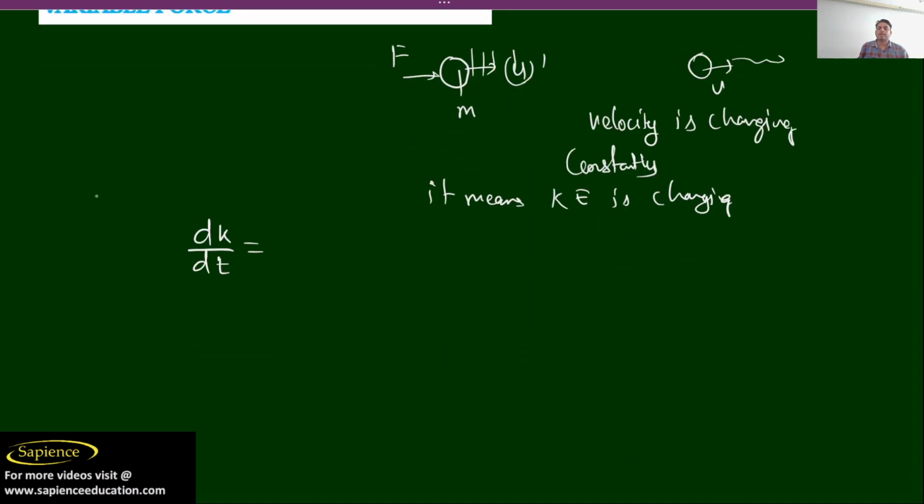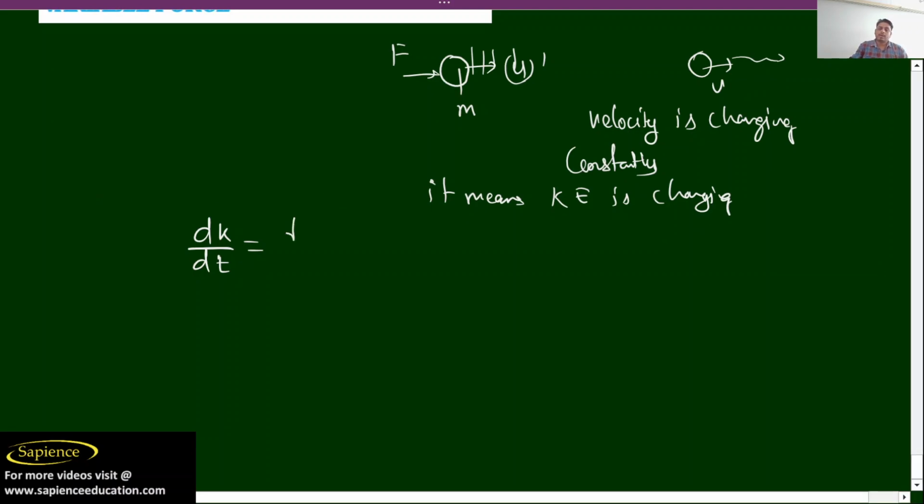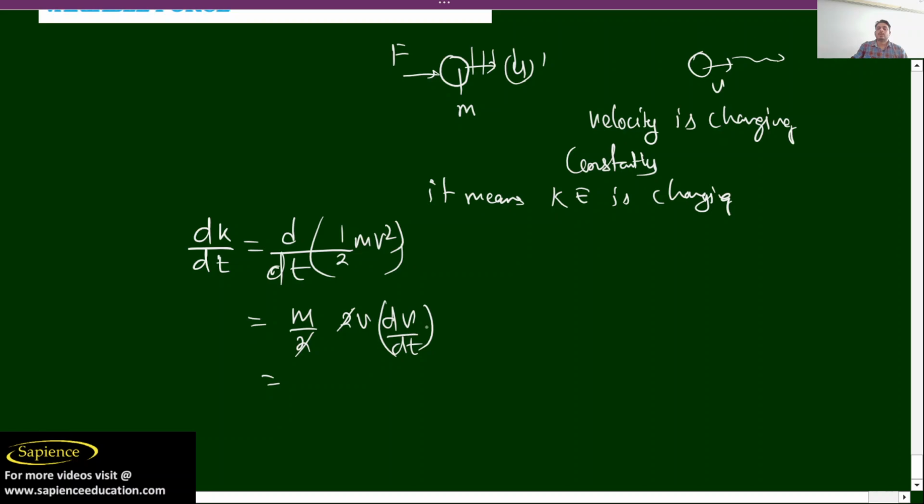So dK/dt equals d/dt of the kinetic energy formula, 1/2 mv squared. Since mass is constant, it comes out, and the 2 cancels with the 2 from differentiating v squared, giving v times dv/dt.